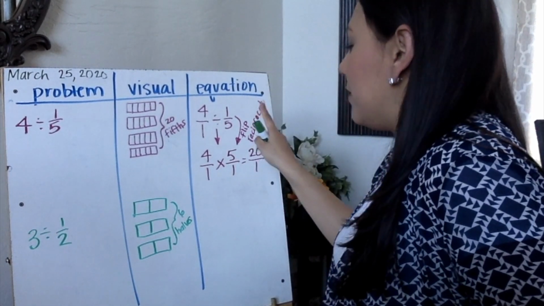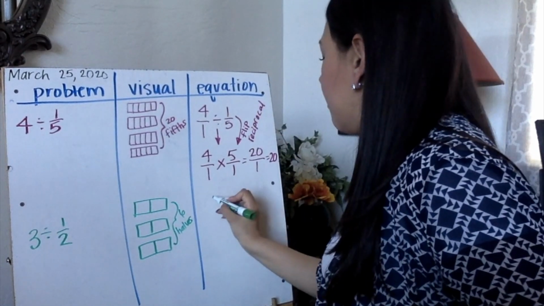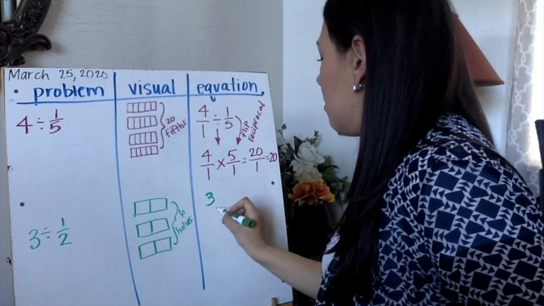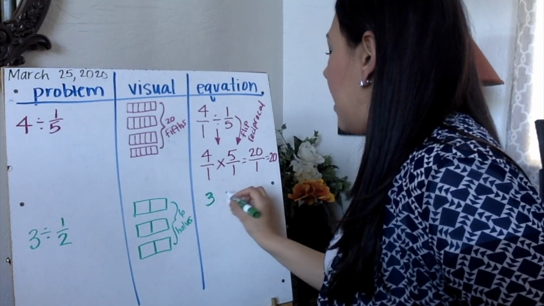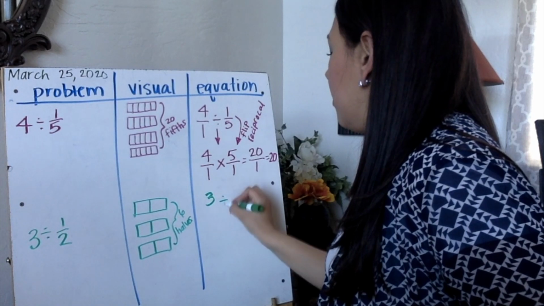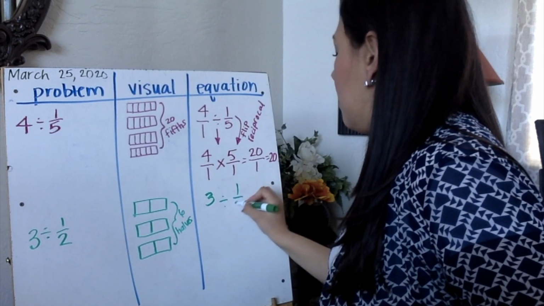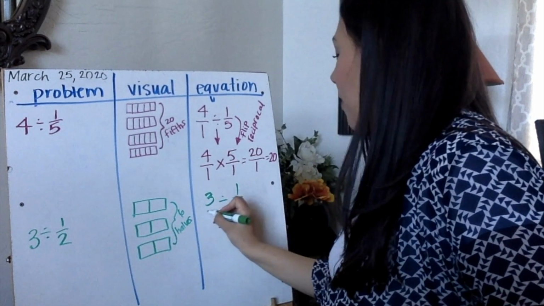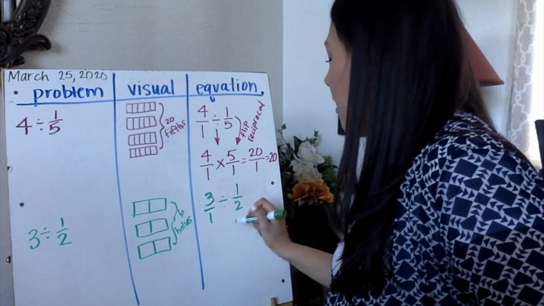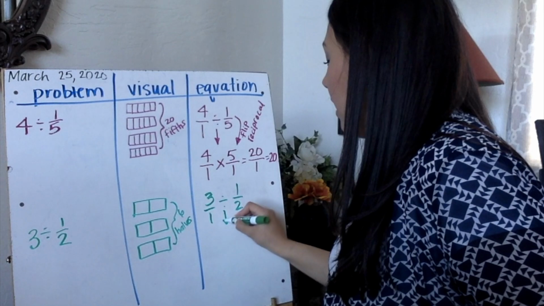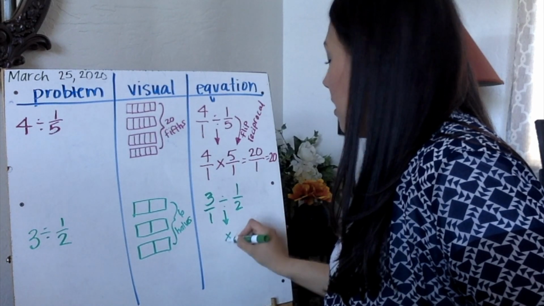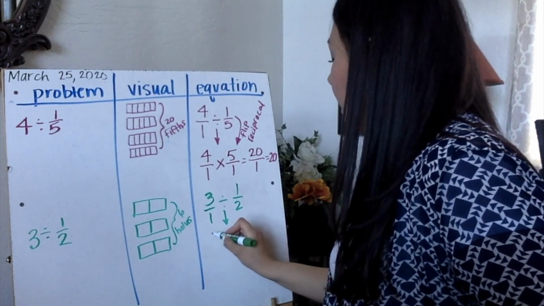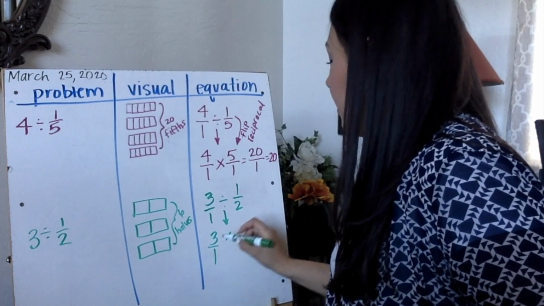Okay, equation. So I have 3. So remember what I said. Hold on, let me do my division symbol. We have to make this over 1 as an improper fraction. Okay? We're going to change our operation. 3 over 1 stays the same.